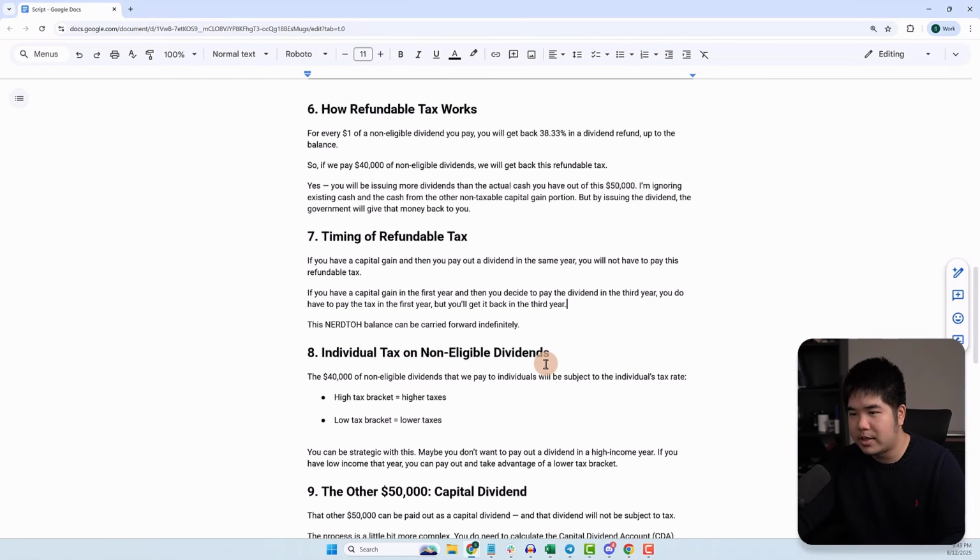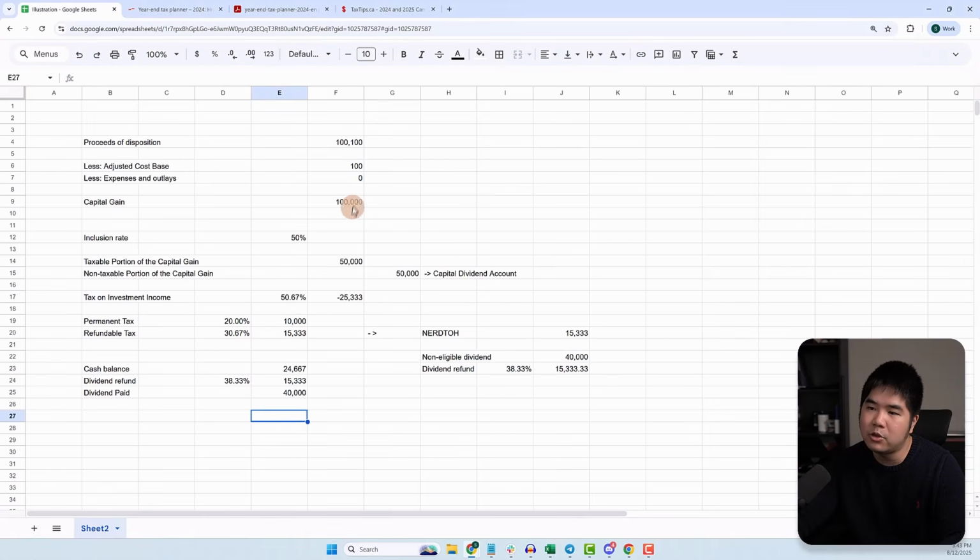Timing of refundable tax. If you have a capital gain and then you pay out a dividend in the same year, you will not have to pay this refundable tax. So that means that if you trigger this gain, let's say in 2025, and then you pay $40,000 of dividends in 2025 as well, you won't have to pay this tax because it's in and out.